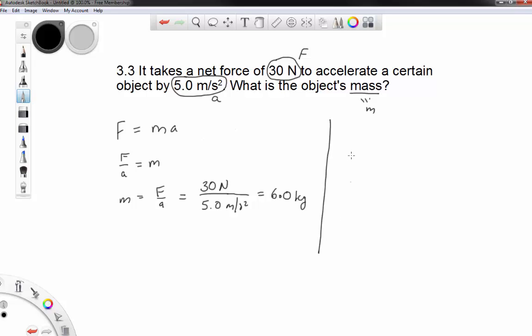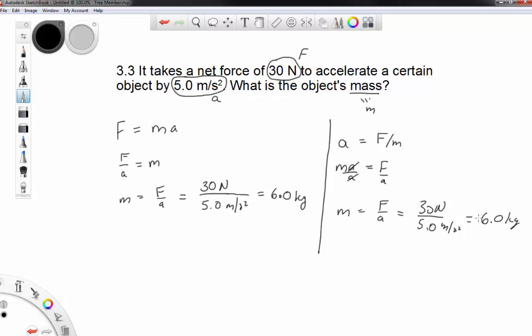Just for fun, let's do it the other way too. The other way said that A is equal to F over M. So we can multiply both sides by M, and we would get MA is equal to F. Then we can divide both sides by A. So over A, cancels the A's on this side, and you're left with M equals F over A. So again, that's 30 newtons divided by 5.0 meters per second squared.